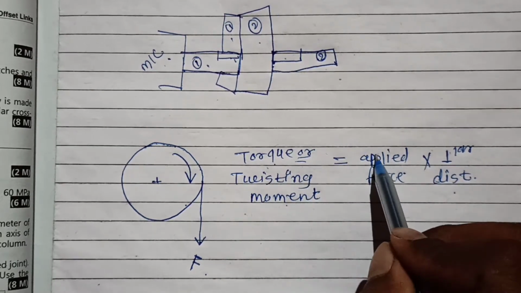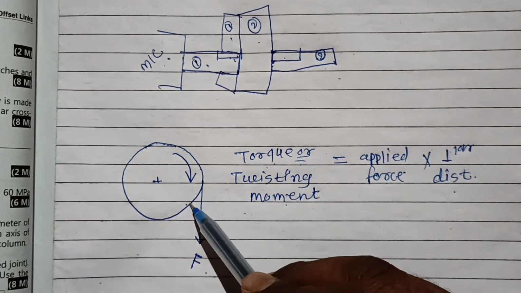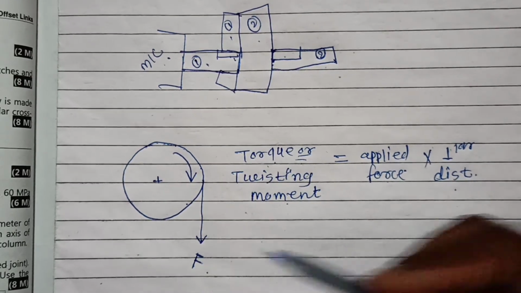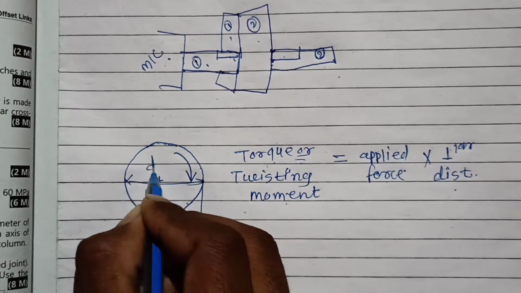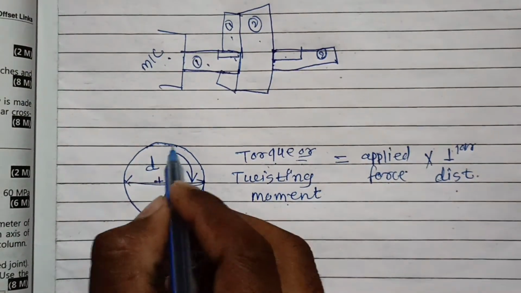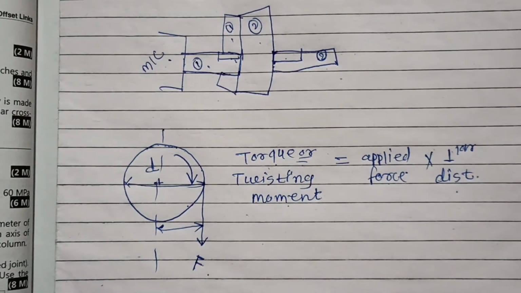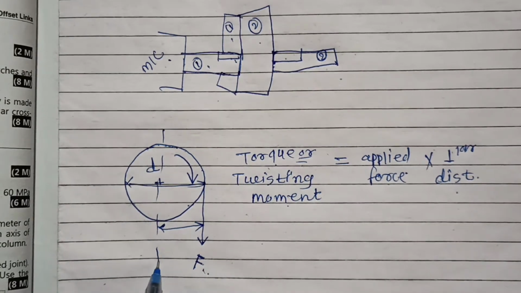Now by using this formula I calculate the torque or twisting moment applied on this shaft. See here, this is the applied force. Then what is the diameter of the shaft? I am considering the diameter as small d. The perpendicular distance I am taking from this force to the vertical axis.